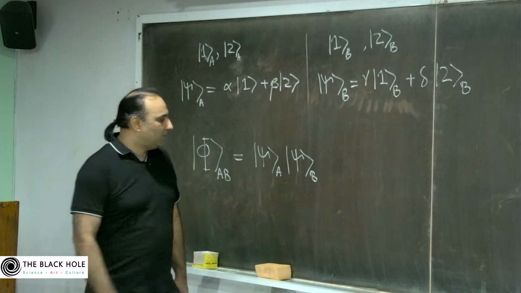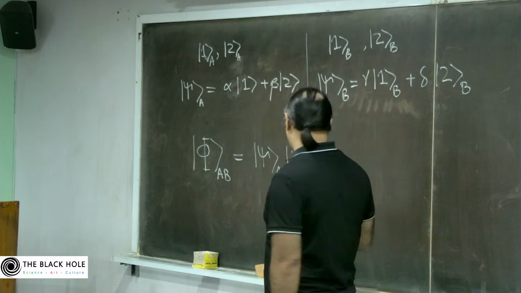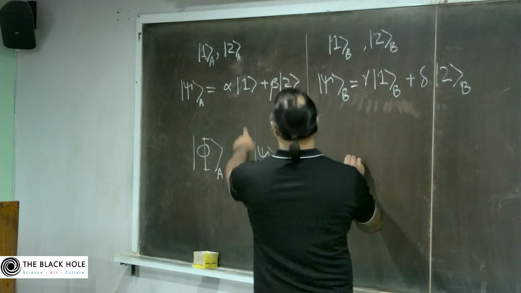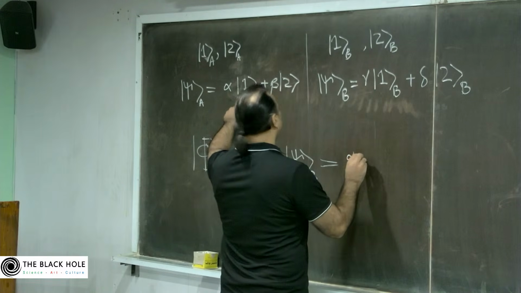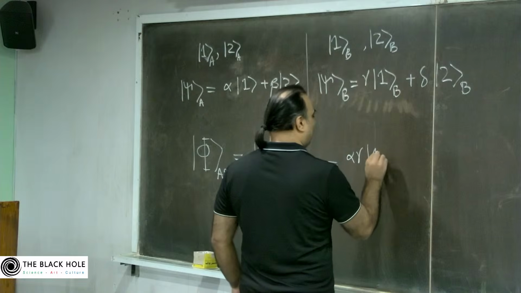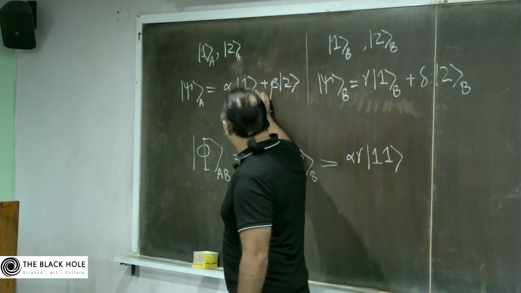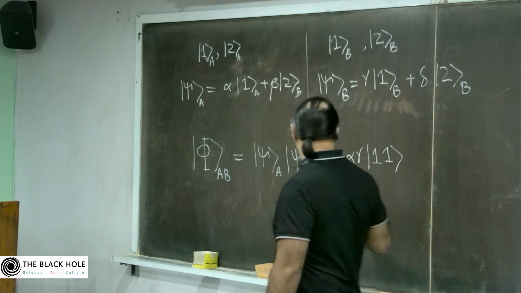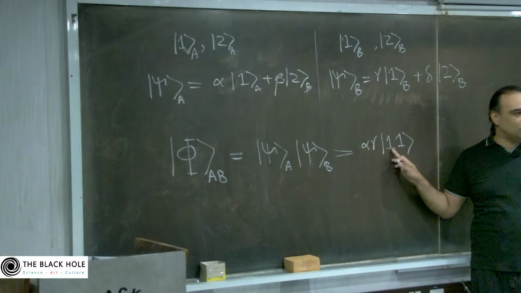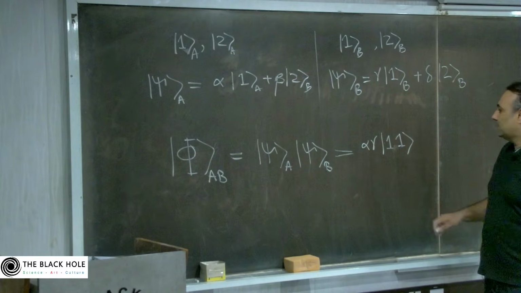So this is one form, and what we can do is we can just multiply them and see that it becomes alpha gamma 1 1. And now let's skip these A and B; the first number here will correspond to A and the second will correspond to B. That can be taken as a convention.